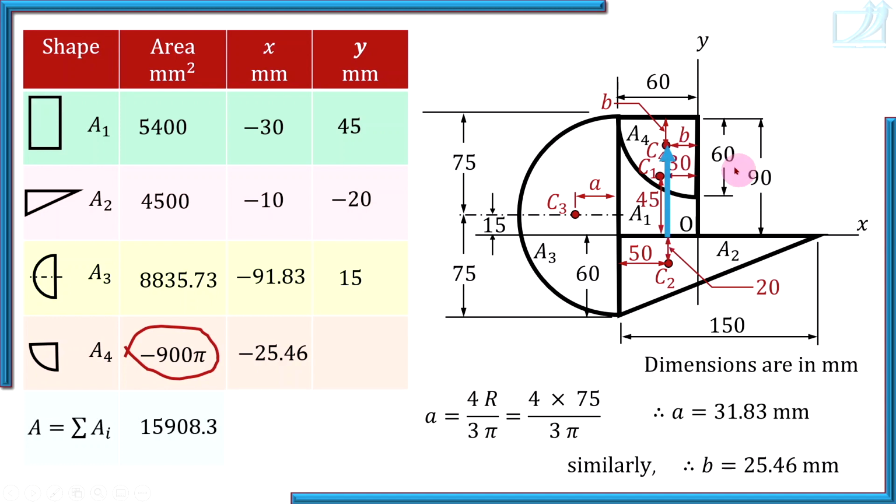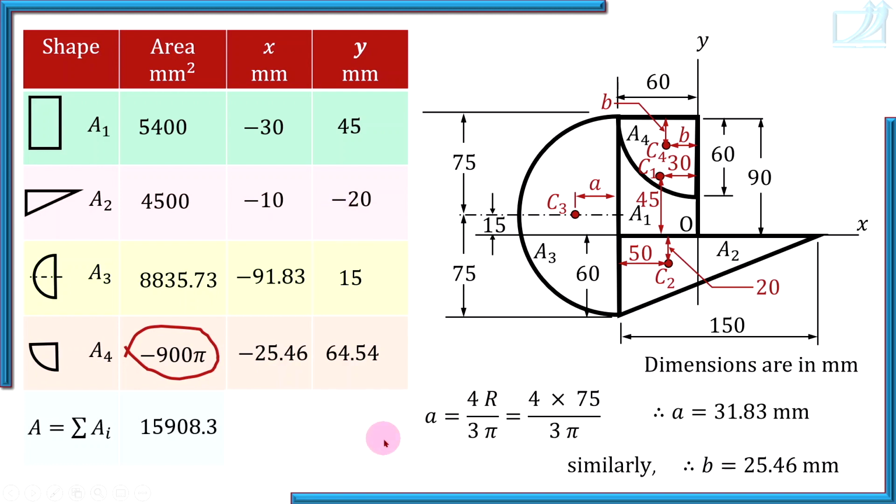B is 25.46. So 90 minus B is 64.54. That is the distance of C4 from the x-axis. But as a coordinate, it is positive because it is above the x-axis. So negative y coordinate, that is below the x-axis. So C2 is below the x-axis, so its y coordinate is negative.